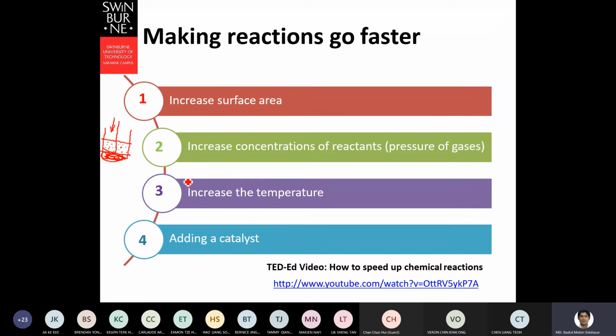Increase the temperature. If I increase the temperature, that will also increase the friction. Like here, these components are moving faster, right?